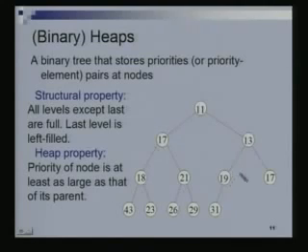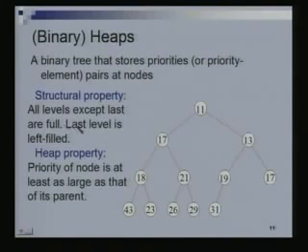In this binary tree, all levels are full. So, this is level 0. It can have only one node, it has one node. Level 1 can have 2 nodes, it has 2 nodes. Level 2 can have 4 nodes, it has 4 nodes. Level 3 can have 8 nodes, it has only 5 nodes.